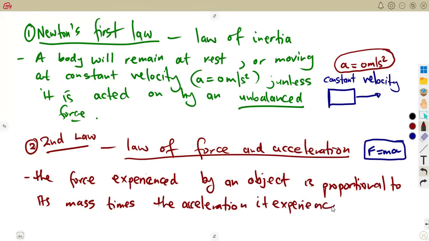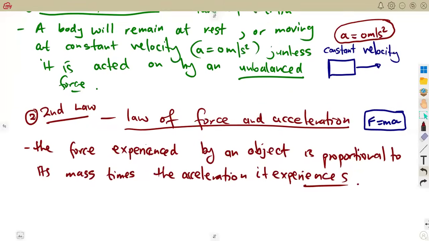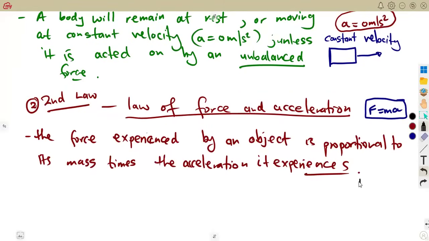We can write this in short like that: force is equivalent to mass times acceleration. In actual sense, we are saying it is proportional to mass times acceleration, so force is equal to a constant times mass times acceleration. That is the condition of your question.